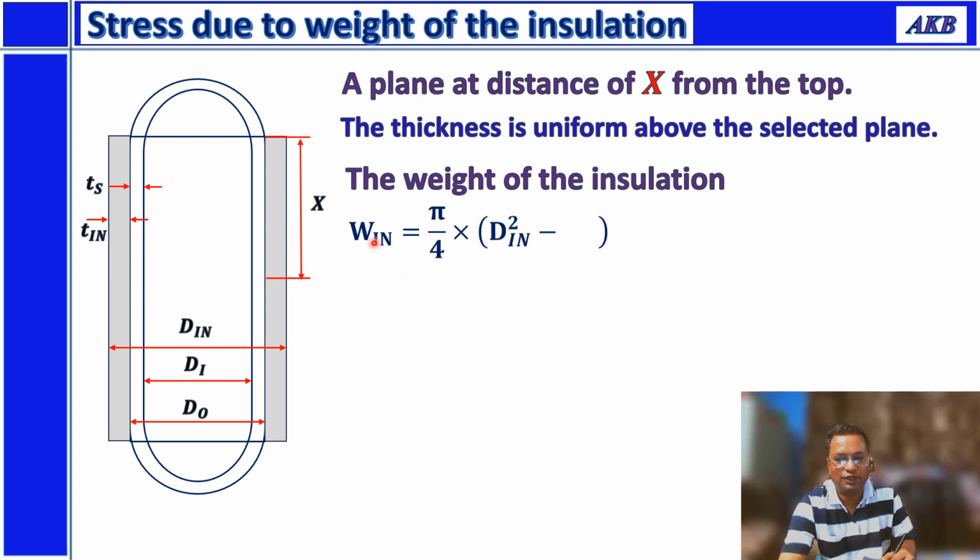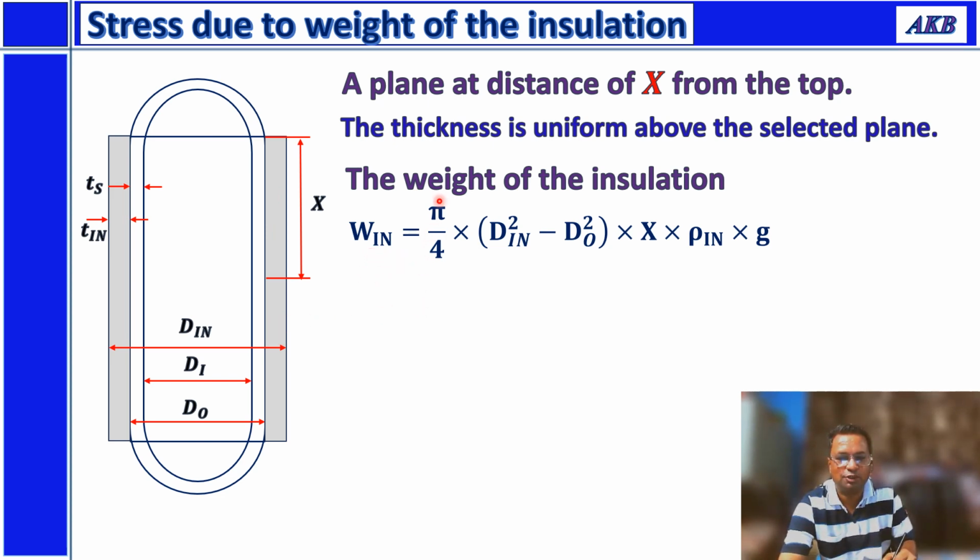So the weight of the insulation, let us denote it as Win, will be equal to pi by 4 into din square minus dO square. So we are taking this area into consideration: area based on din minus area based on outer diameter dO. That gives us the area occupied by the insulating material.